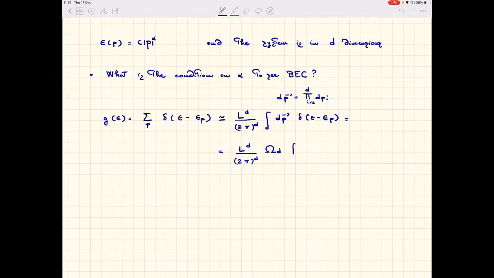And then we have the integral between 0 and plus infinity of dp, and then you have delta of epsilon minus c p to the alpha, right? So what do I do now?